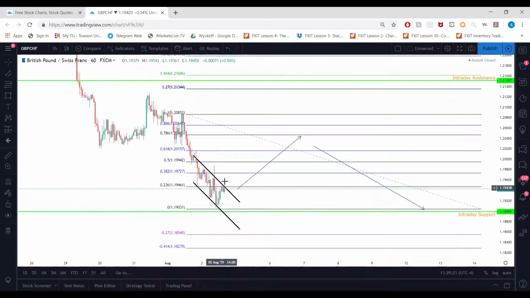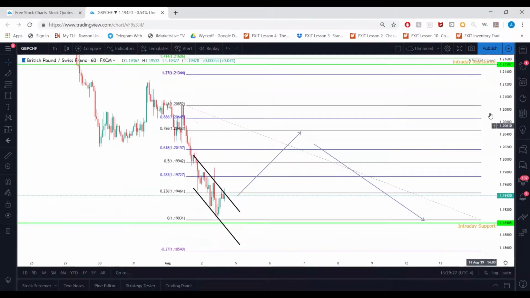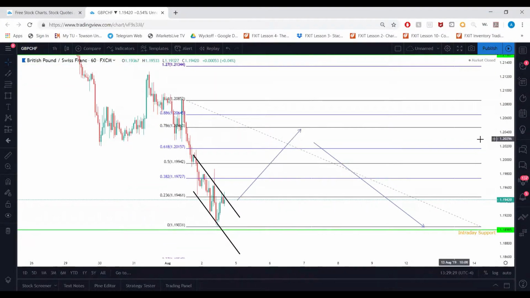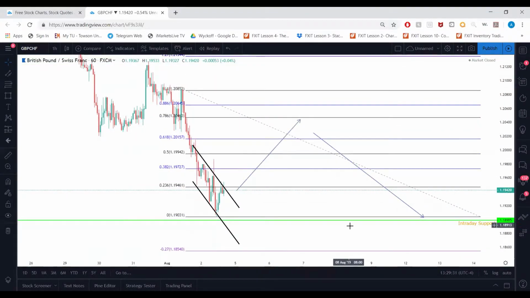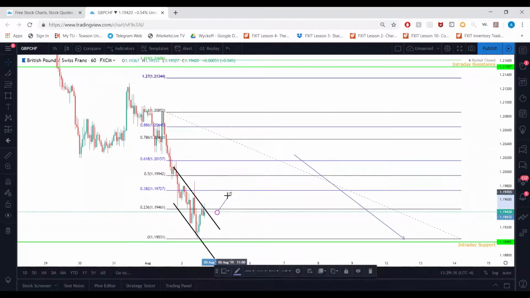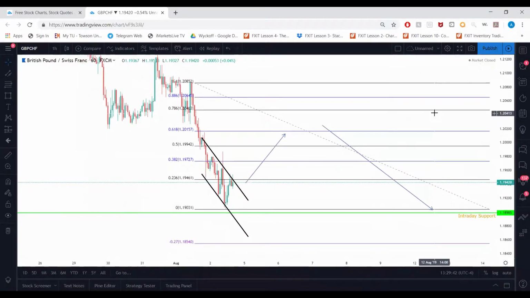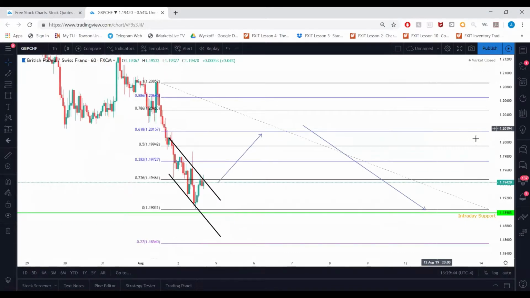If this breaks above the channel, gives you a retest, you can enter on this buy and now look for it to retrace. But this could very well just retrace to this 38.2 and then drop from there. So that's pretty much all that I would look at.